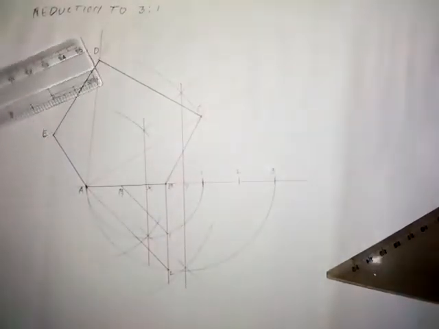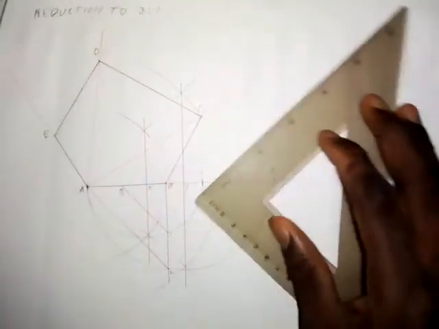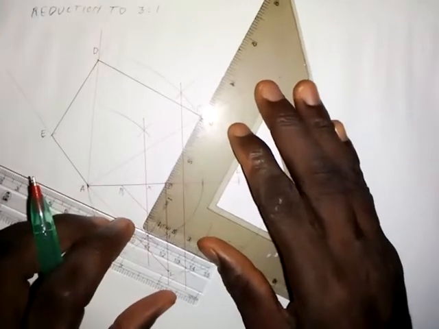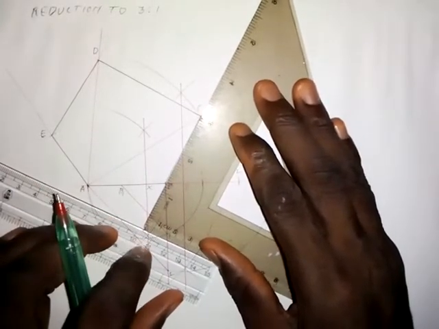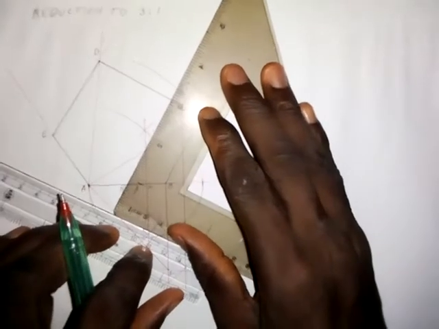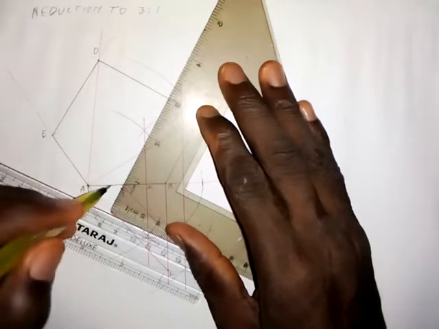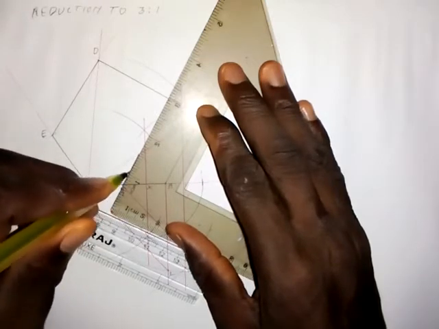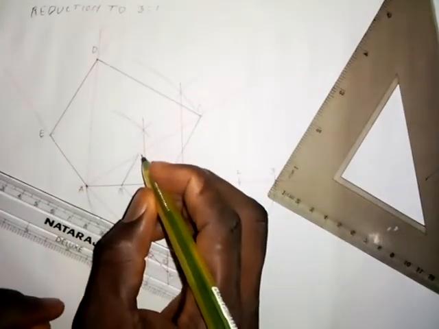Okay, so to now locate point C1, we set our set square on line BC like this, and shift it to point B1. Wherever you touch here, we draw a line. So this point is point C1.